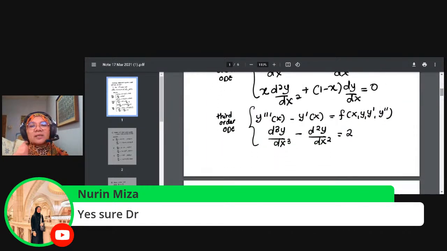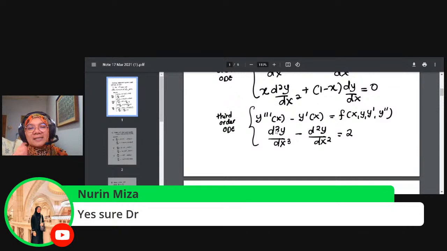All right, third order derivative, wow. This is a third order differential equation: y prime prime prime minus y prime x equal to f(x, y, y prime, y prime prime). I know you are familiar with third order and fourth order differentiation.